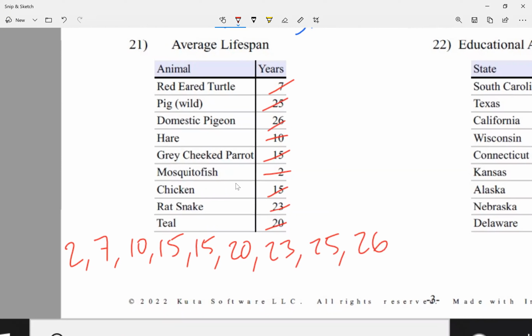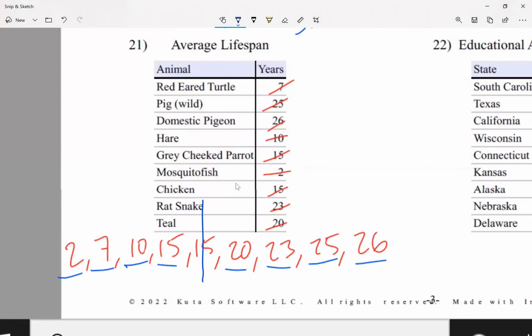Let me draw a line right in the middle. So I cancel the smallest and the largest, small, large, small, large. So there. My median is 15.